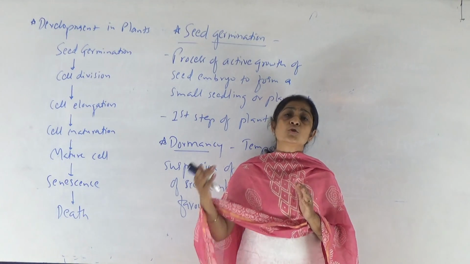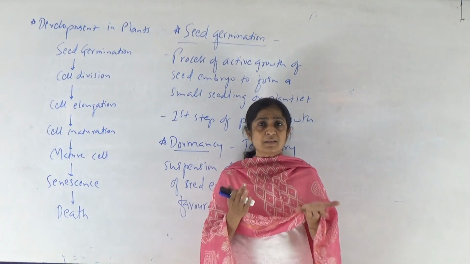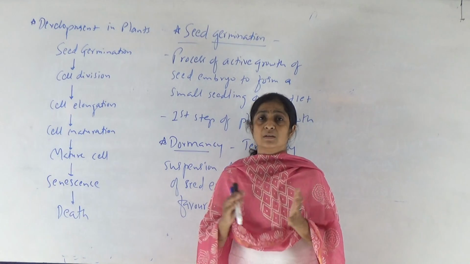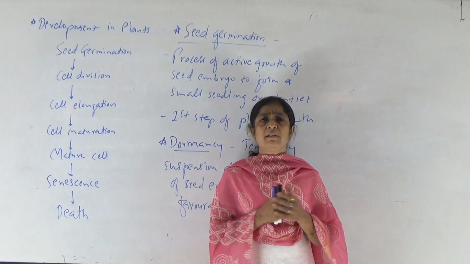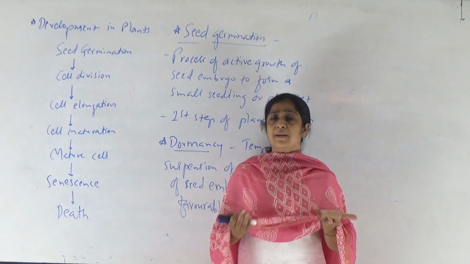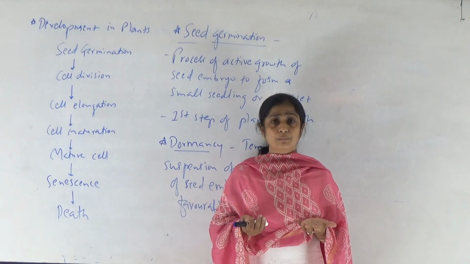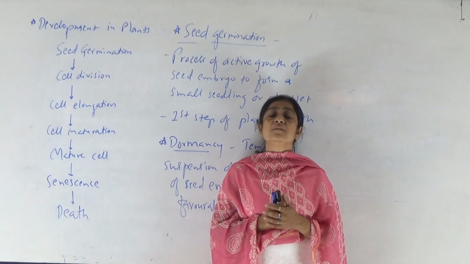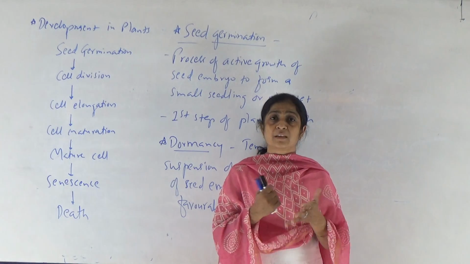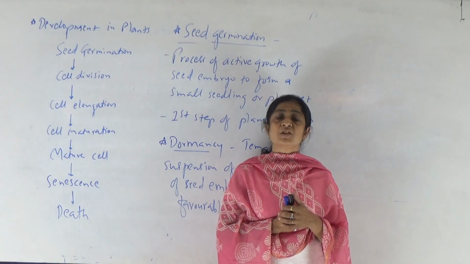Then some seeds show dormancy during the winter season. During winter, under natural conditions, the temperature in the environment is very low. We know very well that when temperature is very low, the enzymes in living cells become inactive. Most plants shed their leaves during winter to protect themselves from low temperature conditions.